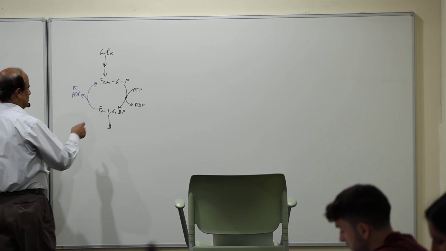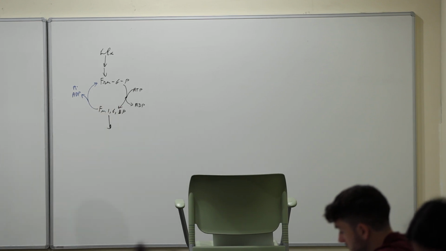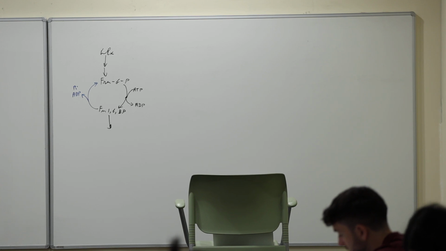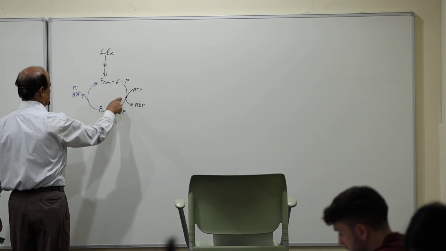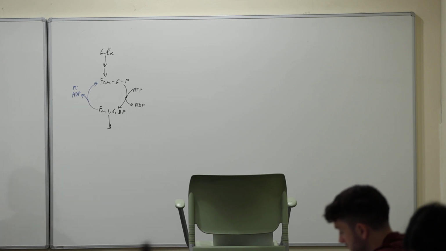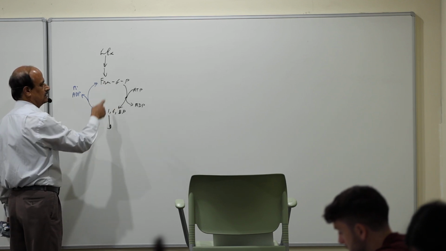And the regulation always happens for both the pathways. Both glycolysis and gluconeogenesis will be regulated simultaneously because it makes sense to turn off one if you want to turn on the other. What happens if you don't regulate that properly, then this pathway will be on and this pathway will also be on to a certain extent. And the net result is that you are going from here to here and then from here to here, you're going in a cycle.